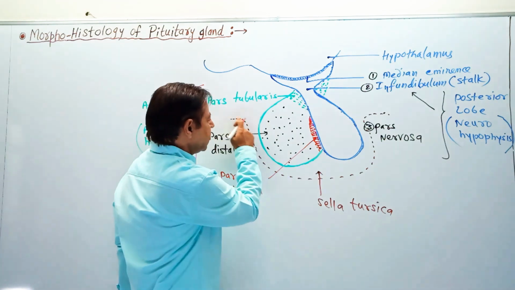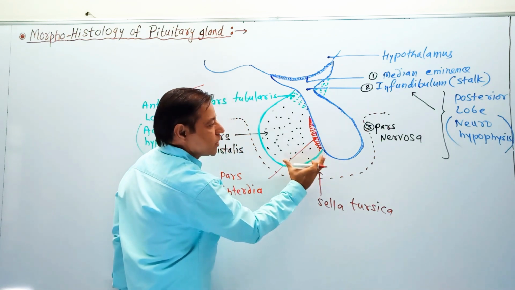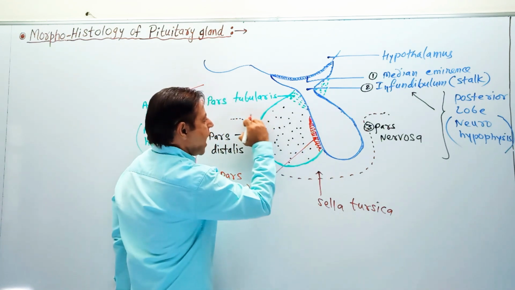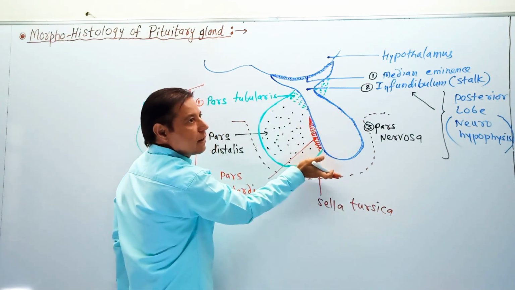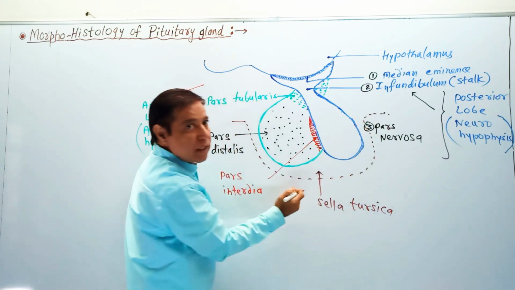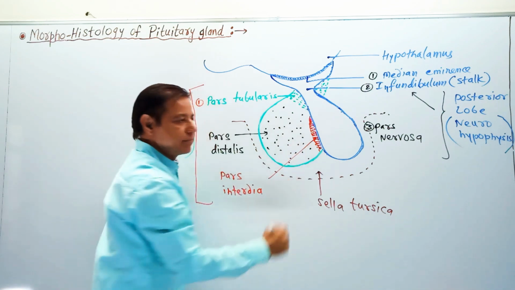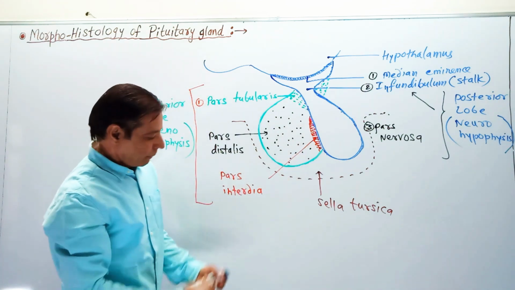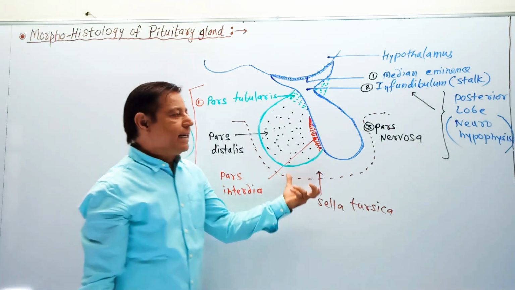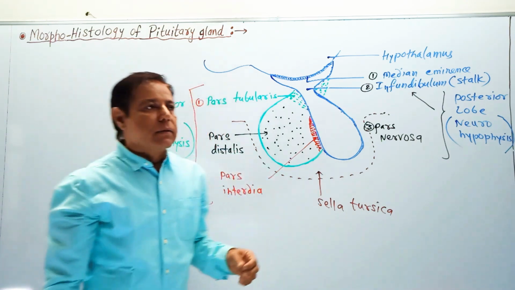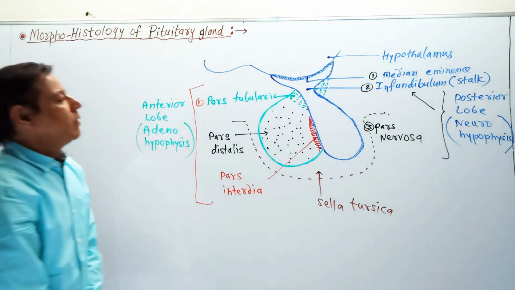Okay, this is the sella turcica, the depression of the sphenoid bone into which the pituitary is lodged. Half of the pituitary is inside the sella turcica, the concavity of the sphenoid bone, and half is uncovered, overhanging. Okay, in this way, these are the morphological details, the external features, the external structure of the pituitary gland.